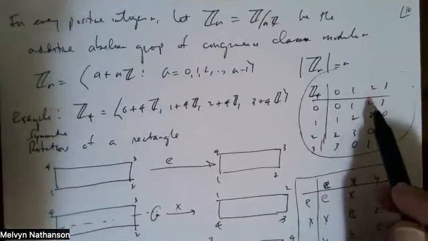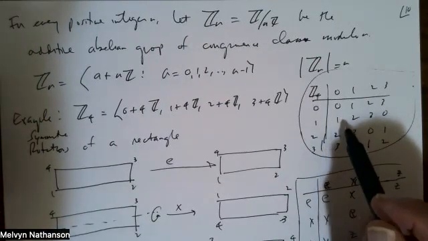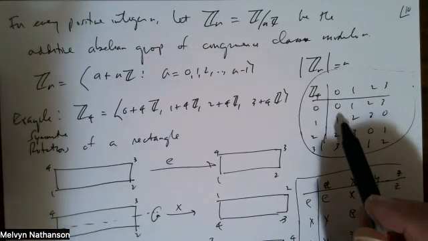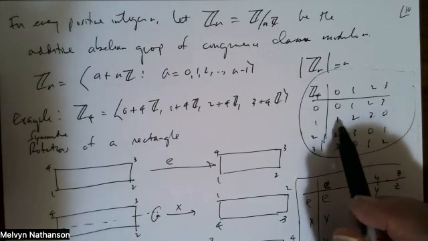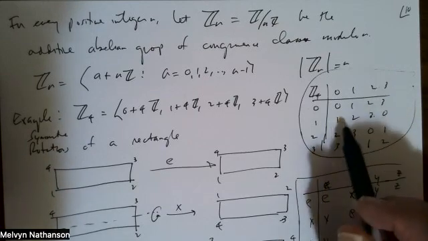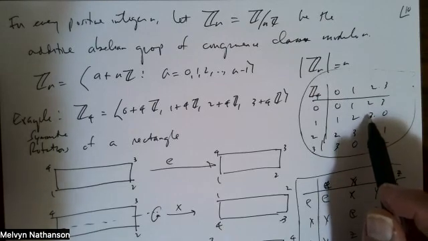For example, 1 plus 2 equal to 3. Because if you take a number that has a remainder of 1 when you divide by 4, and you add it to a number that has a remainder of 2 when you divide by 4, you get a number that has a remainder of 3 when you divide by 4.